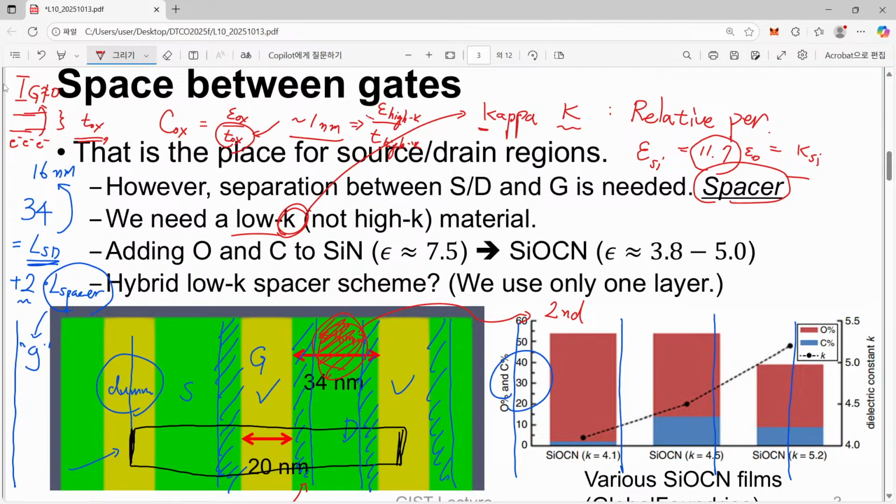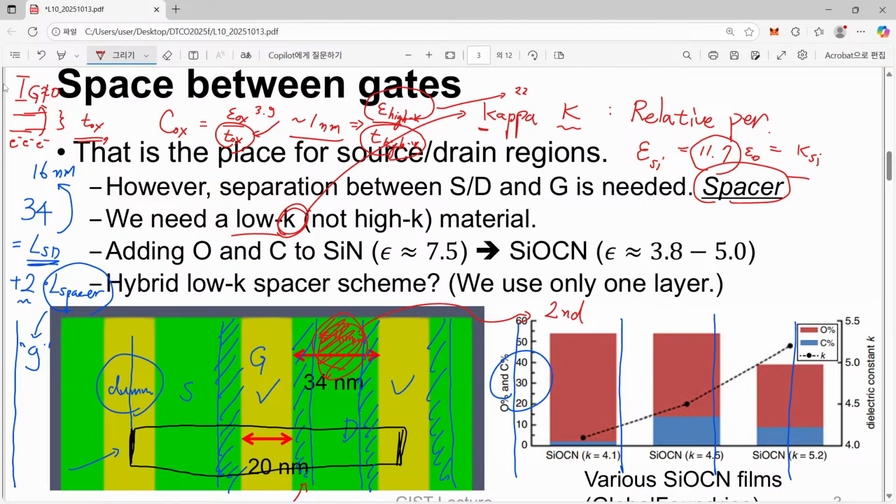If we have a higher epsilon value, then we have a certain margin to keep our thickness quite high. Let me just give you typical values. Epsilon ox is around 3.9, and for high K material, usually hafnium oxide or its variant, its kappa value or epsilon value is around 22 or slightly lower.